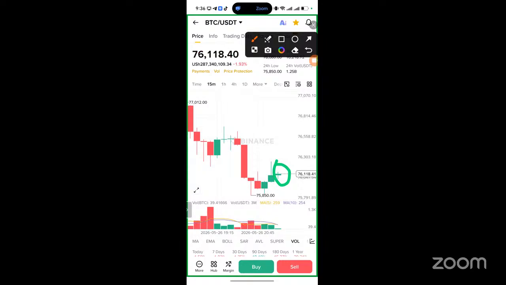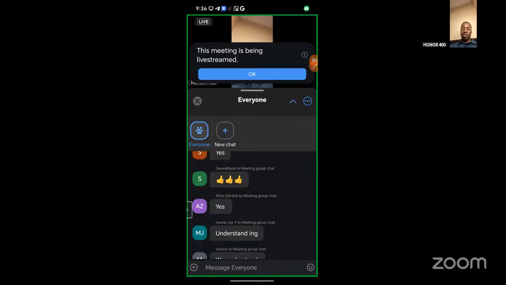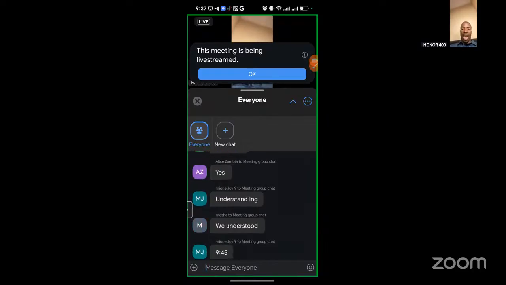Some answers. At what time do you think this candle will close? This will allow me to know whether people are understanding or not.